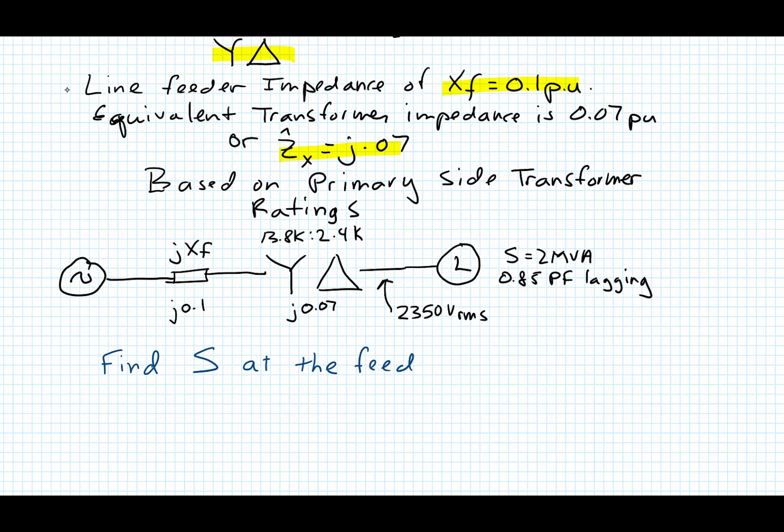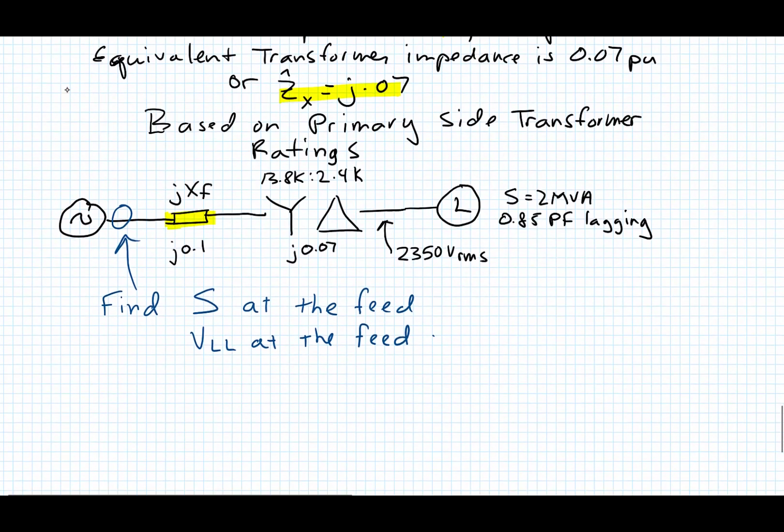And what I'm kind of saying here is that this feed impedance will be part of the facility here, and the measurement is made right here. So let's find that, and let's find the V line to line at that feed also. So let's see if we can solve this problem.